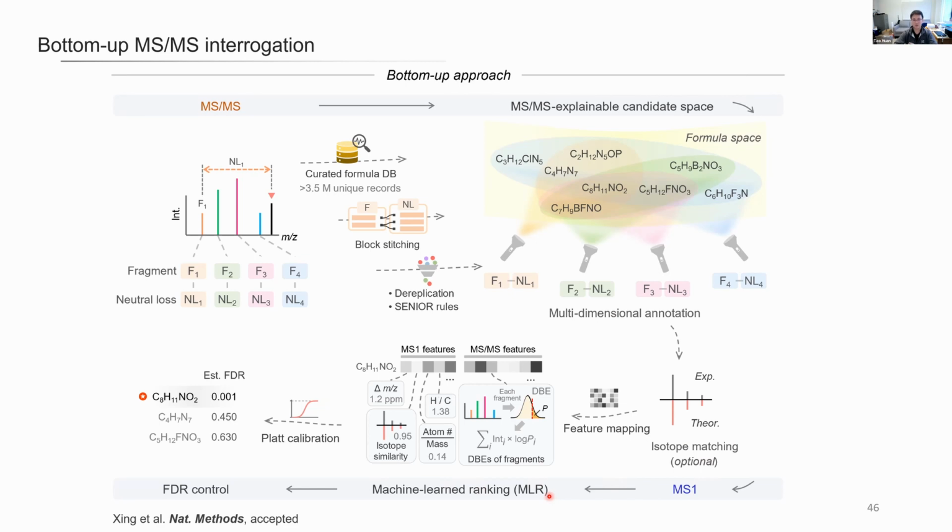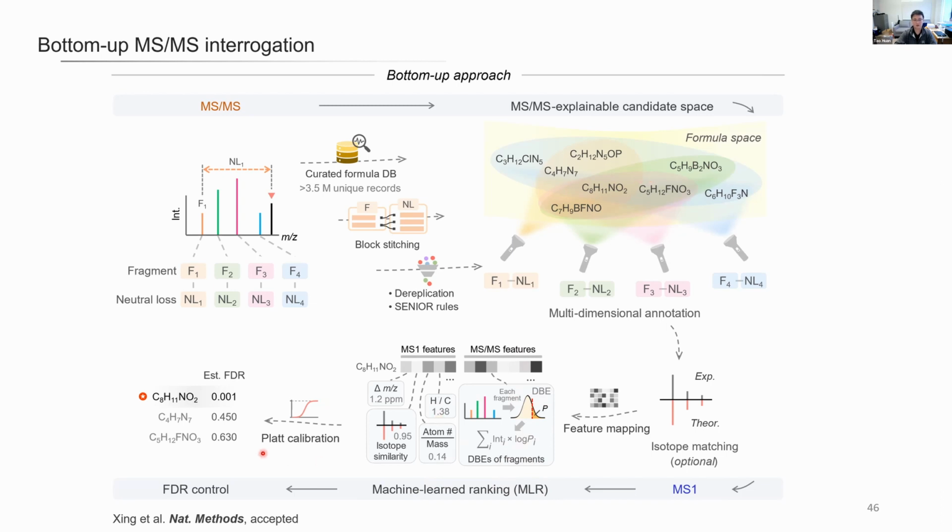We come up with about 20 MS1 features and about 20 MS2 fragment features, including the fragment DBE value, the fragment intensity values, and other information. From this we train the model and use it to predict which of the molecular formulas generated in that step are likely to be correct.